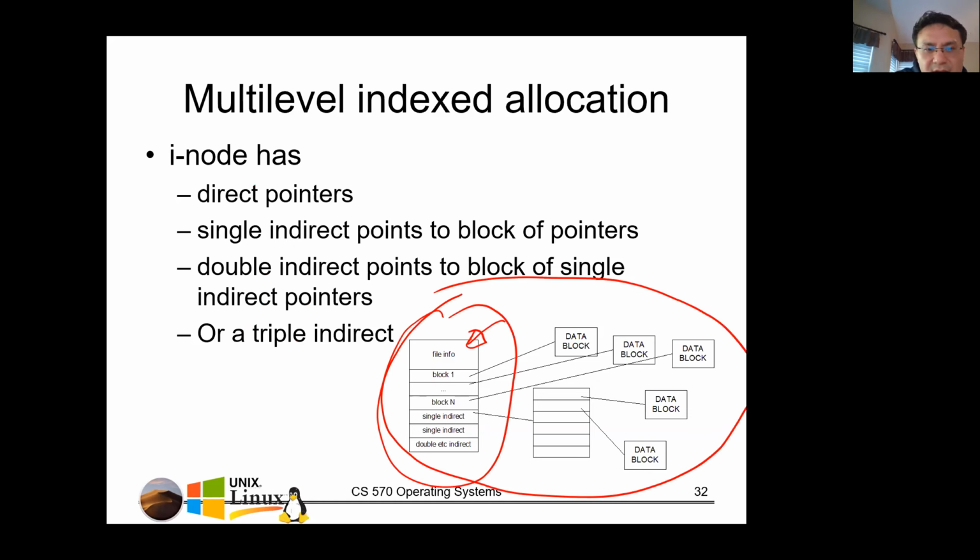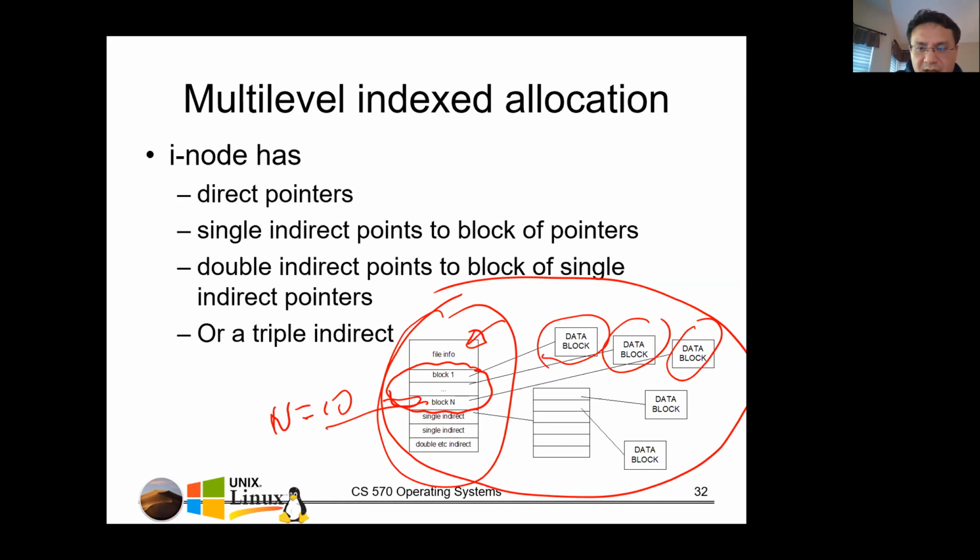Then the first n blocks after the file information, the first 10 blocks, are direct pointers to the data blocks. In the Unix implementation, n is usually 10, so you have 10 pointers to 10 physical data blocks.